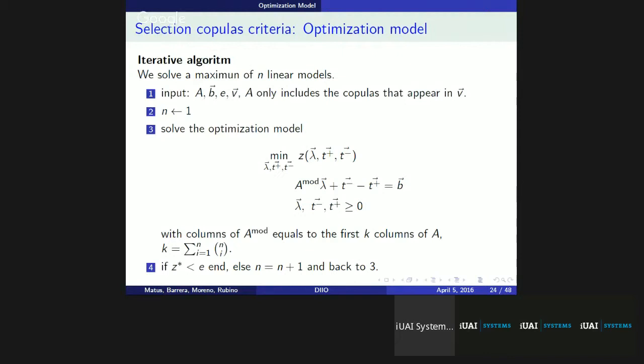In this case, I take one check for each component and one check for every couple of components. If that solution is not good, I take n equals 3: one check for each component, one for each pair of components, and one for each set of 3 components. And I do that a maximum of n times, obviously.